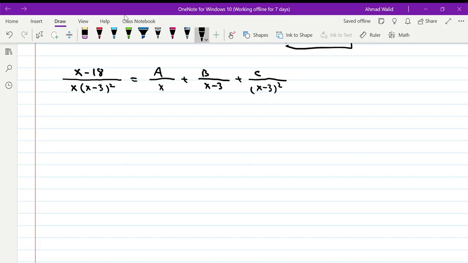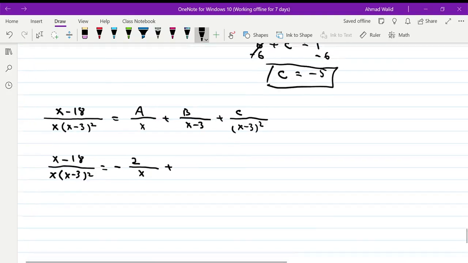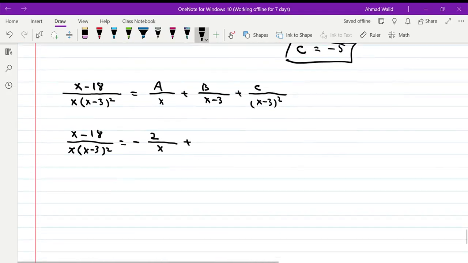Just put the values of A, B, C in the numerators, correct? Then x minus 18 over x times x minus 3 squared equals, how much is A? We found the value of A, negative 2. Negative 2 over x. Plus, how much was the value of B? The value of B was 2, right?